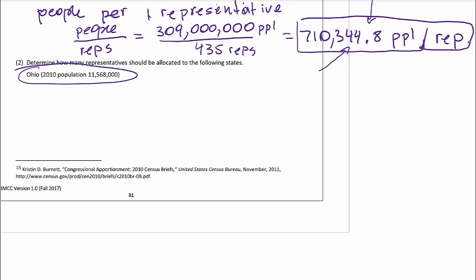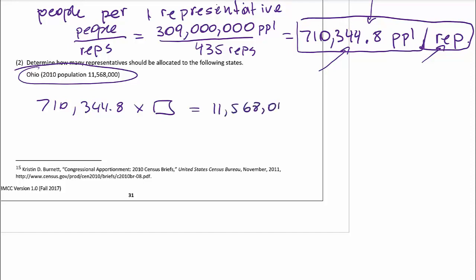Alrighty, now let's review. If there are 710,000 per one, 2 of them will be 710,000 multiplied by 2, multiplied by 3, multiplied by 4. So the question is, what does 710,344.8 need to be multiplied by to get the population of Ohio?